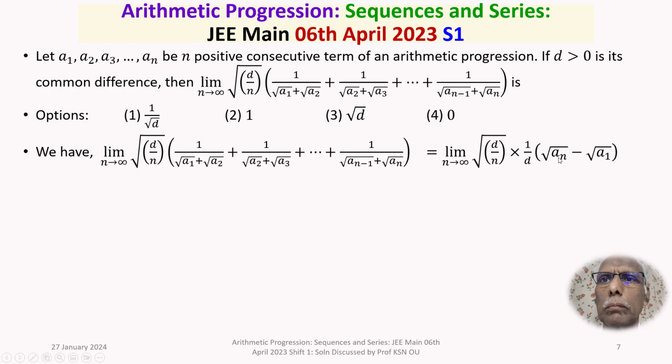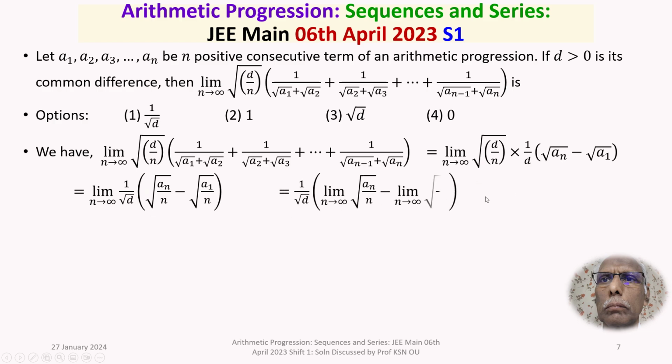Push it inside the bracket. So that will be equal to limit n tends to infinity 1 by root d into, and this root n when pushed inside the bracket, it will be under the square root of an by n minus under the square root of a1 by n. And limit of the difference is equal to difference of their limits. We write 1 by root d into limit of the first minus limit of the second.